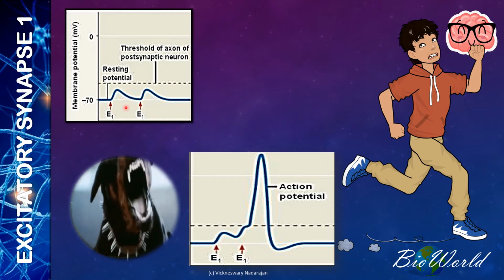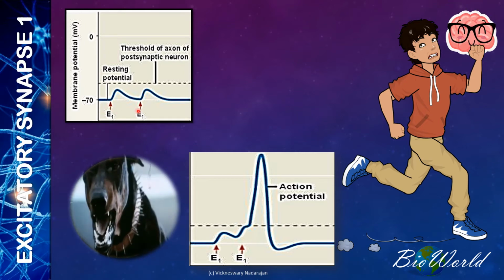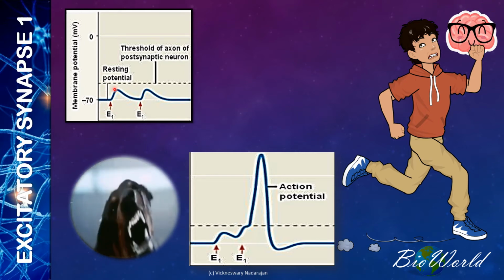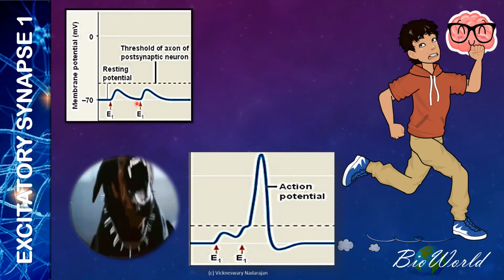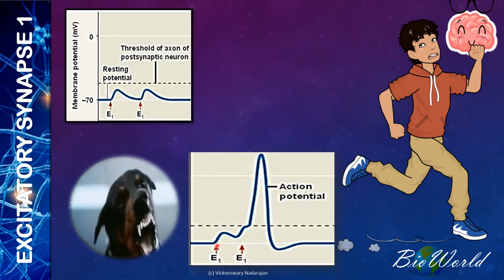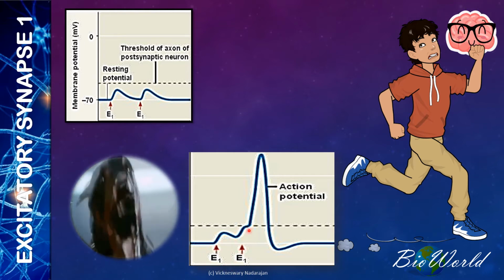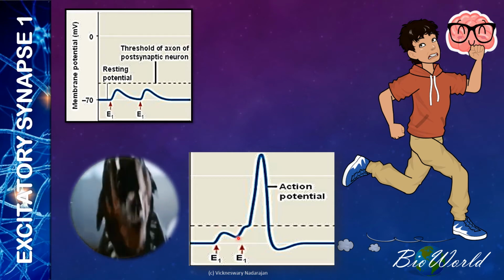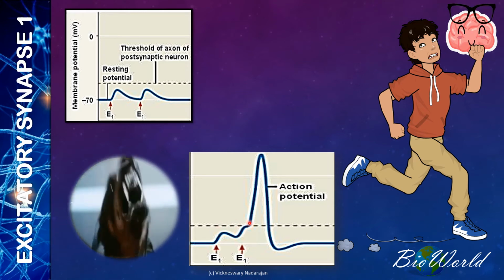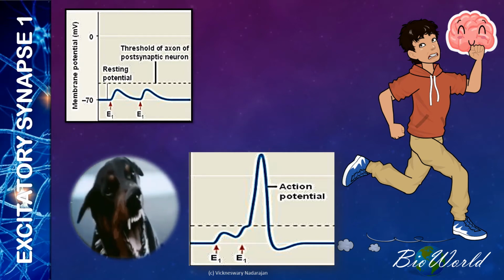Over here, there are two impulses, but because the two impulses are far apart, they do not cause the membrane potential to reach threshold. But when the impulses come one after another, the membrane potential, or the EPSP, accumulates until it reaches threshold, and then automatically action potential is generated.